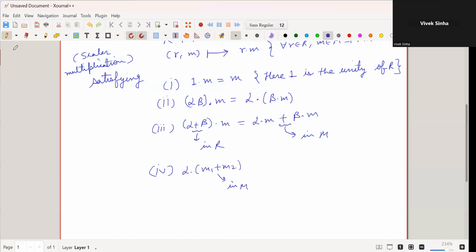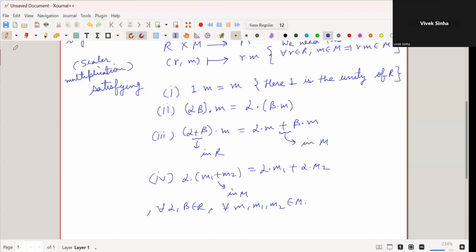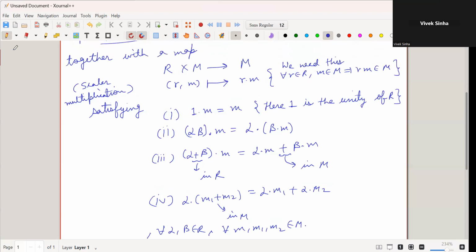This is in M, and that should be alpha dot m1 plus alpha dot m2. This should hold for all alpha, beta belonging to R, and for all m, m1 and m2 belonging to M. These four properties should hold for all scalars and for all elements of the abelian group M. So this is a generalization of vector spaces.